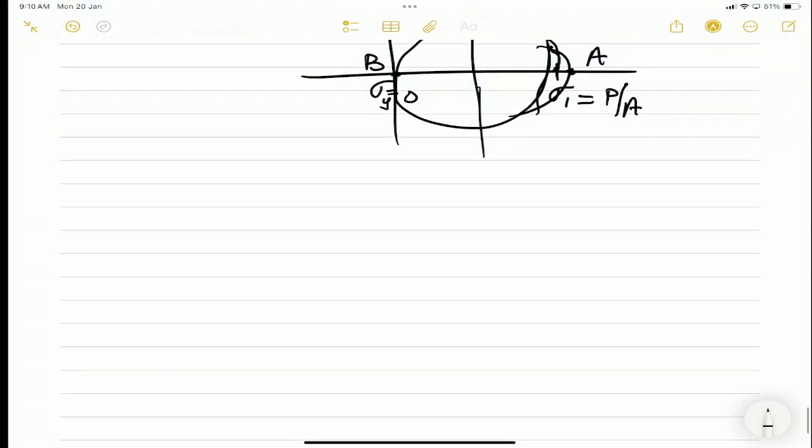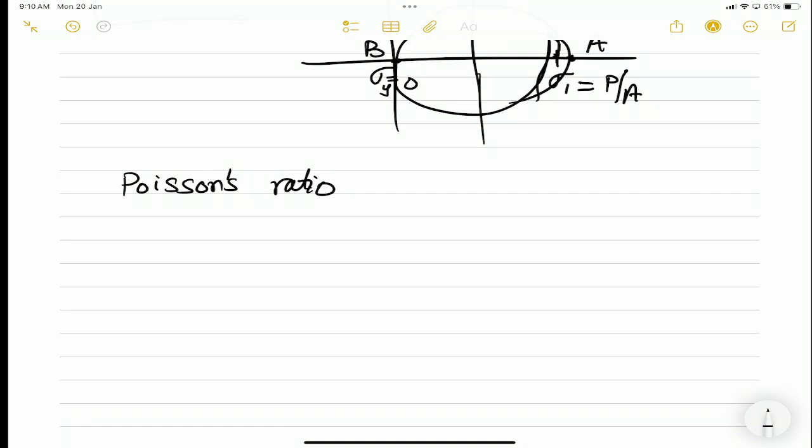Now, we have another term called Poisson's ratio. We have talked about Young's modulus for a material.